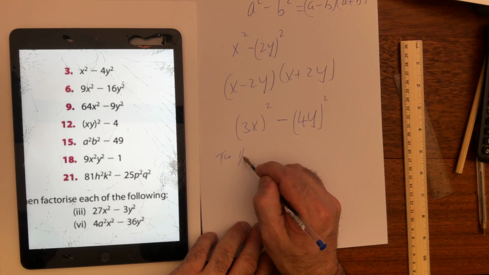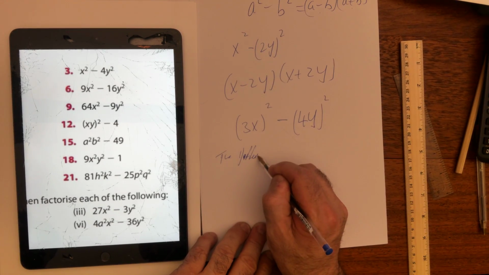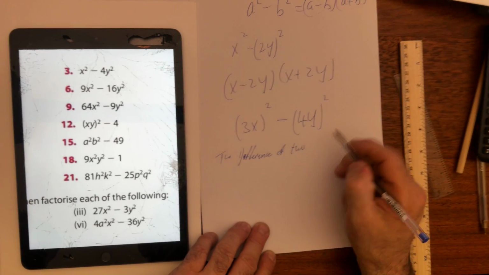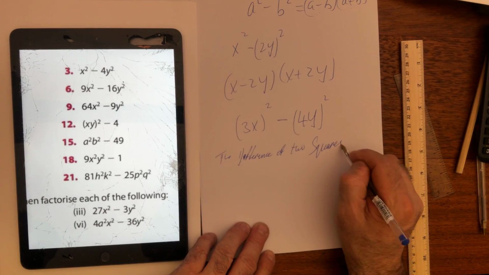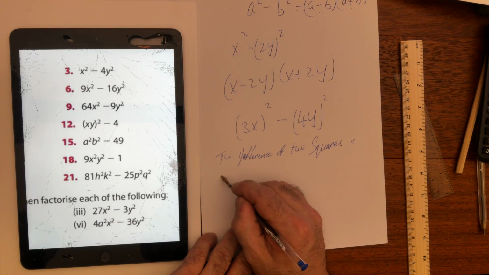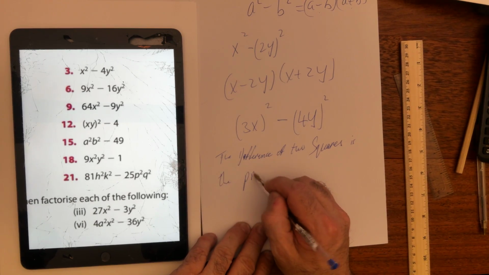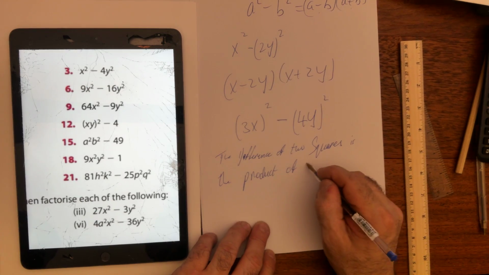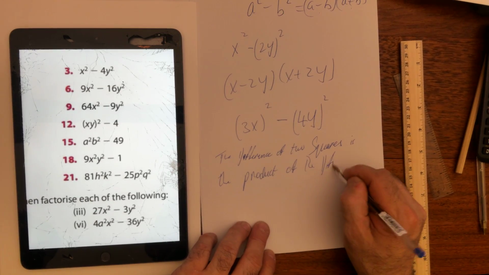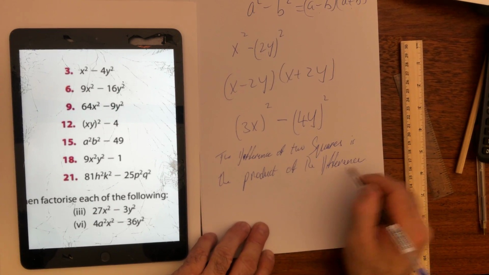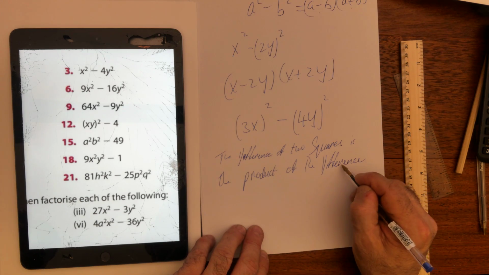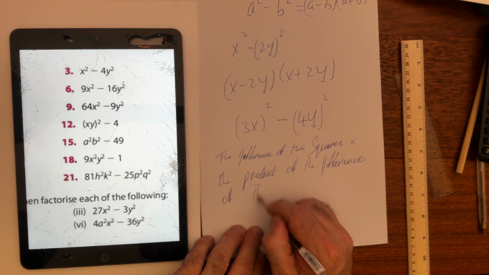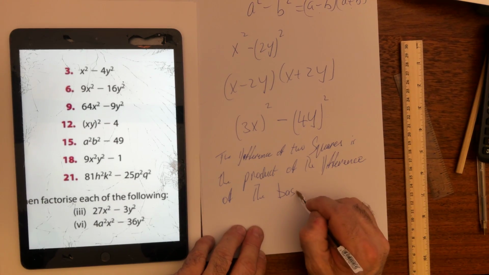Take it down. The difference of two squares is the product of the difference of the base.